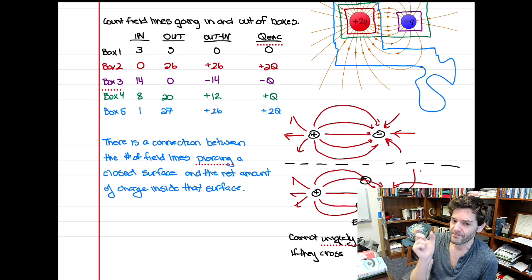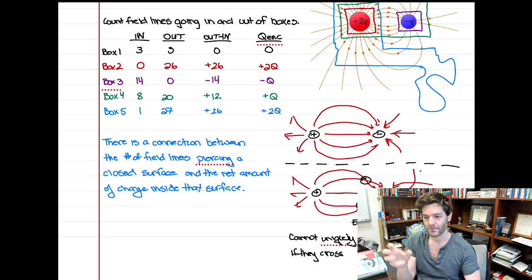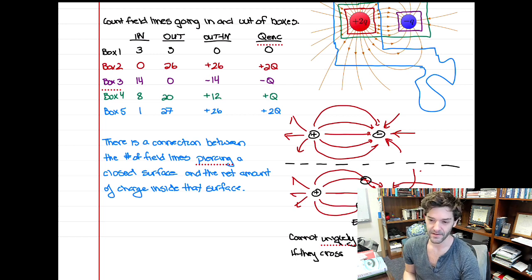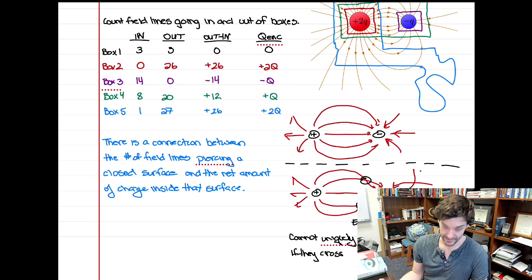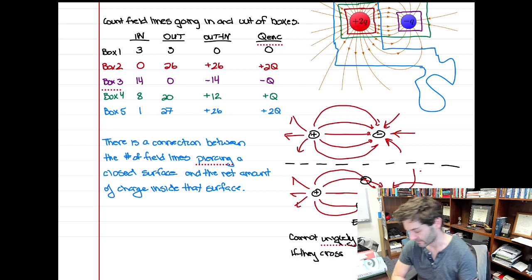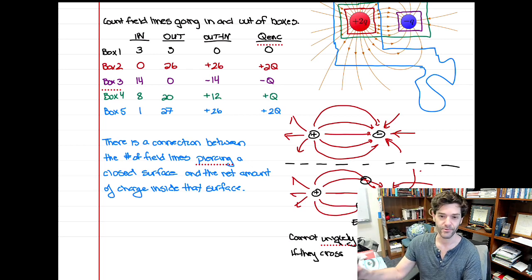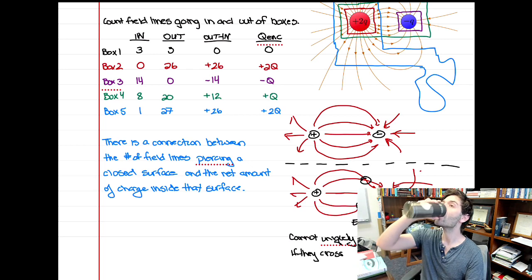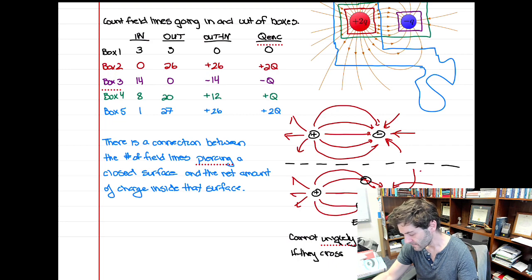That, plus if the number of field lines is supposed to correspond to the magnitude of the electric field, maybe we can be a little bit more quantitative with physical numbers like the magnitude of the electric field, as opposed to counting field lines, which is a little bit more arbitrary in how you draw it.